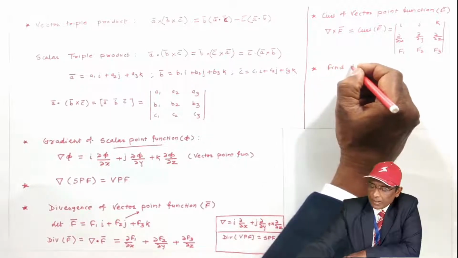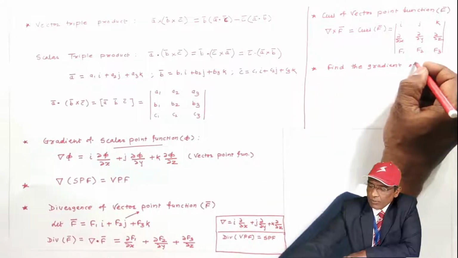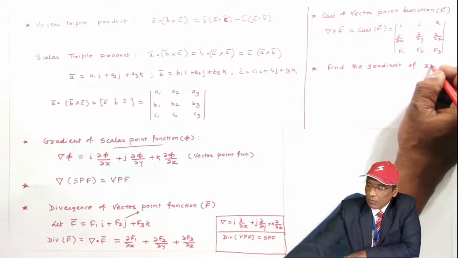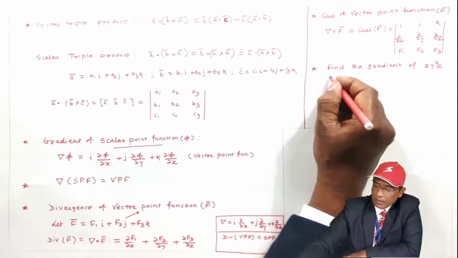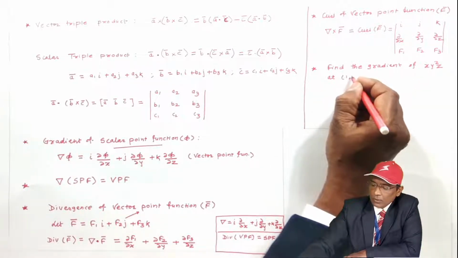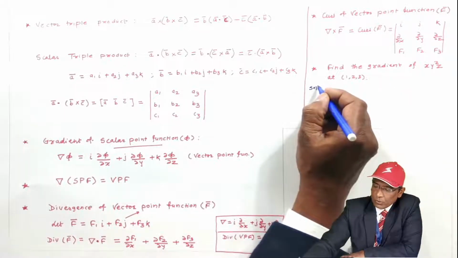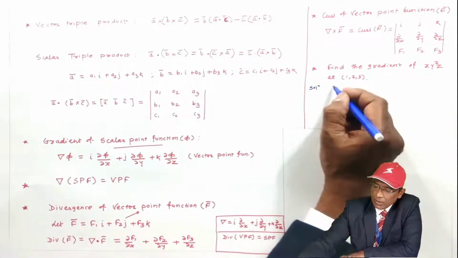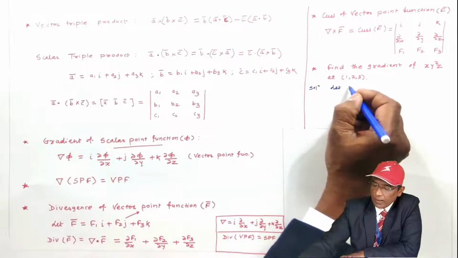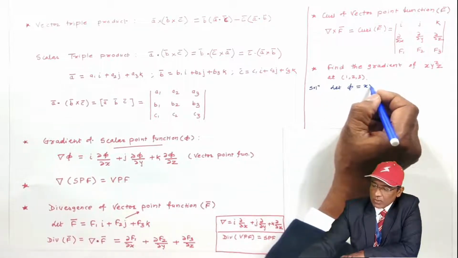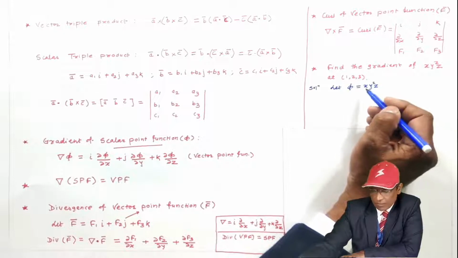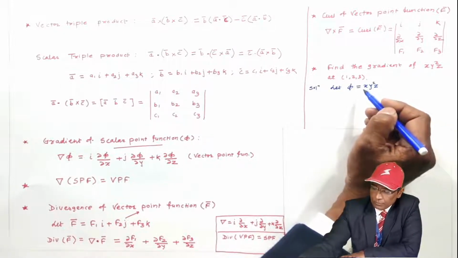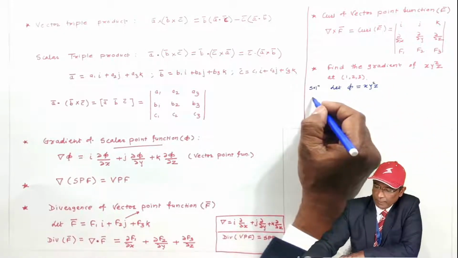Find the gradient of the scalar point function x y square z at the point 1, 2, 3. I am going to denote this scalar point function by phi. Let phi equals x y square z. You may be given any scalar point function. Now gradient of phi.